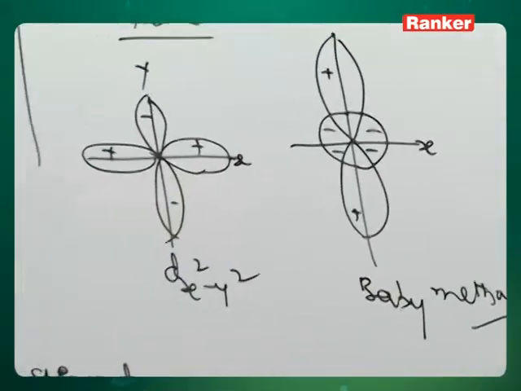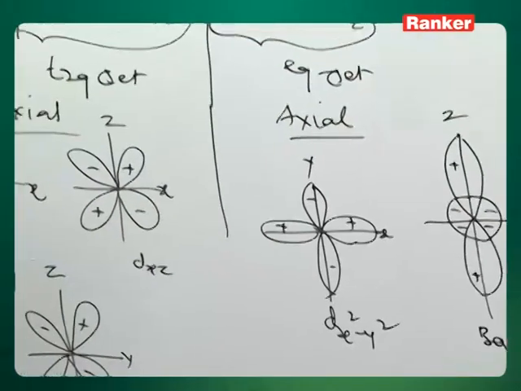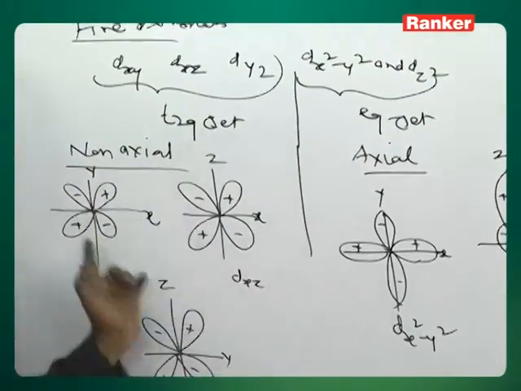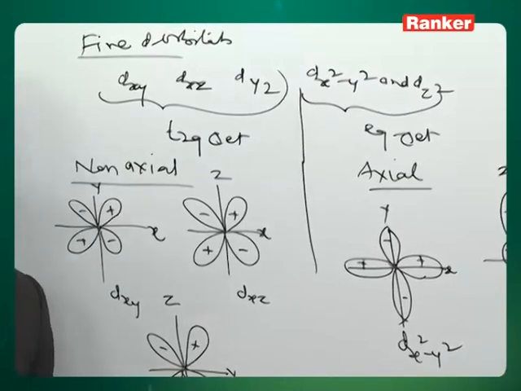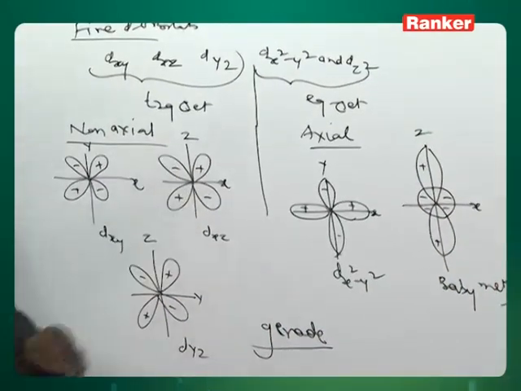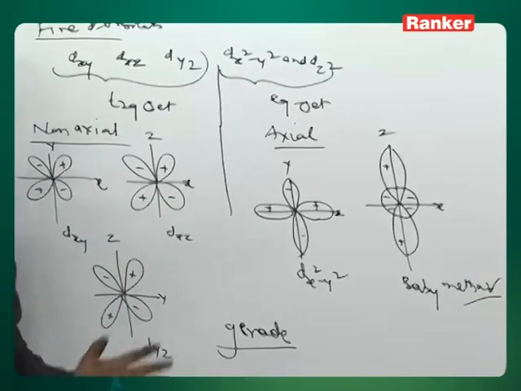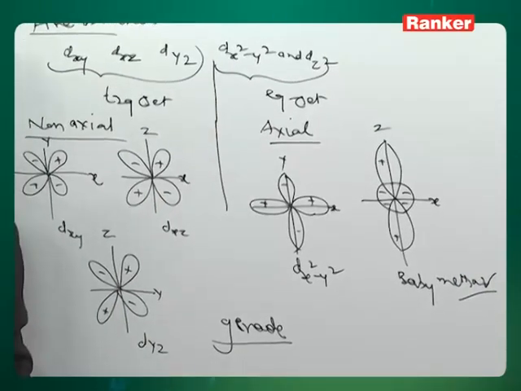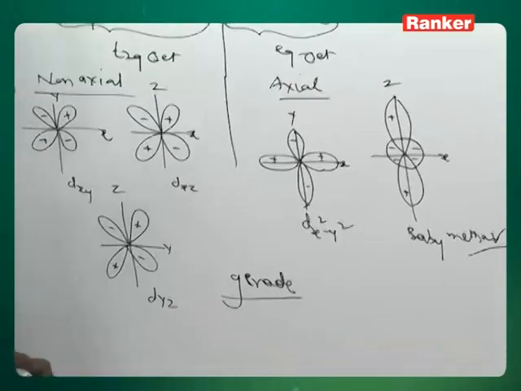In all the d orbitals, opposite lobes carry identical wave functions, so they are symmetric. Therefore they are known as gerade orbitals.